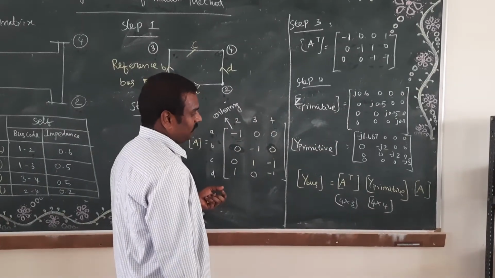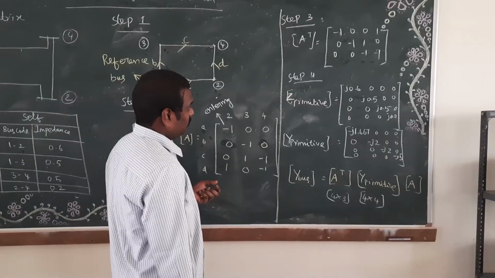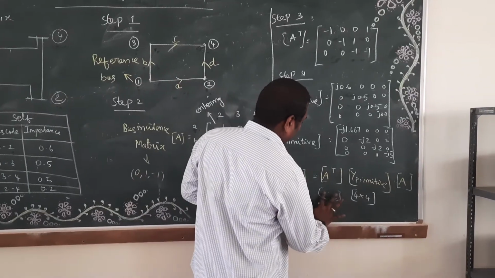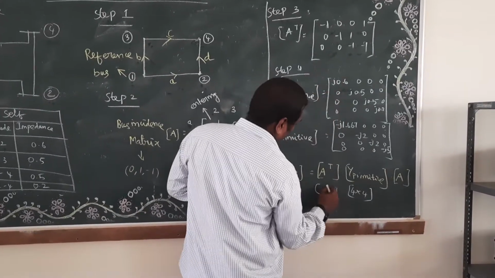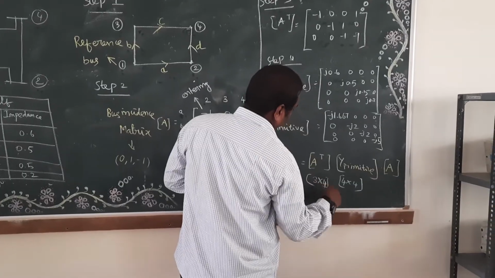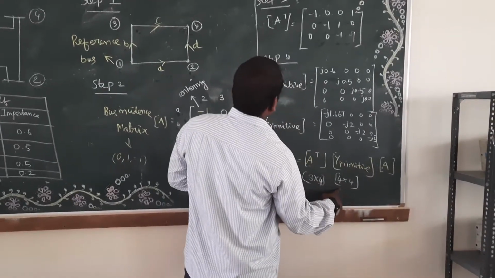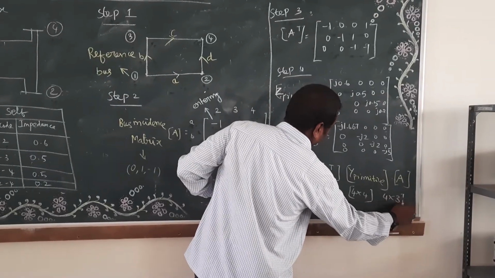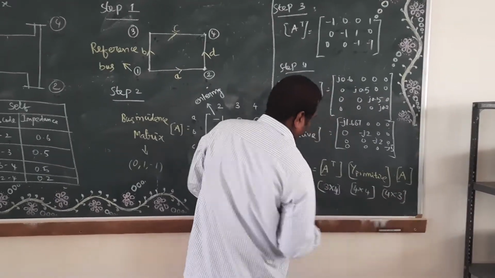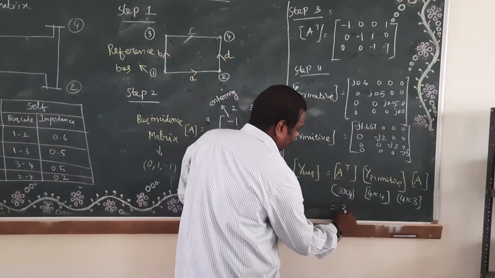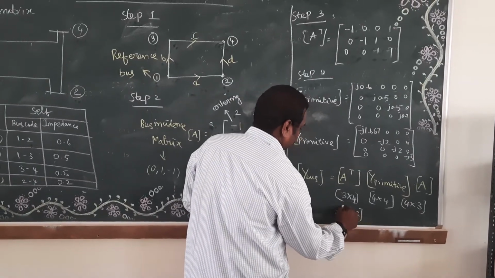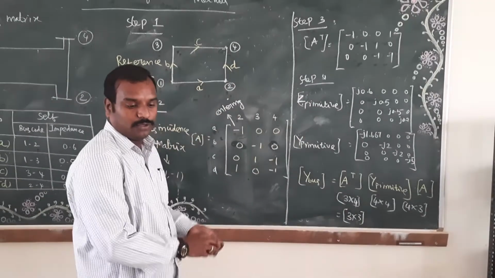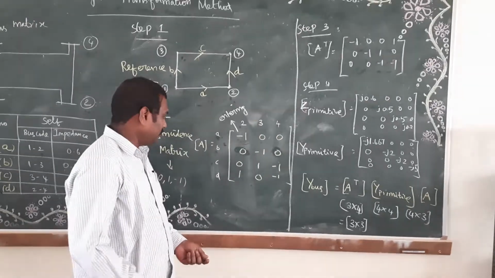Next is the A matrix, a 4 cross 3 matrix. If you multiply everything, you will get a 3 cross 3 matrix. So your Y bus matrix will be a 3 cross 3 matrix.